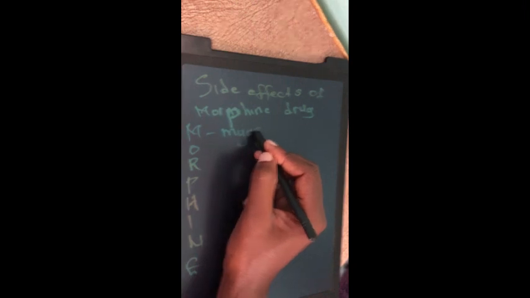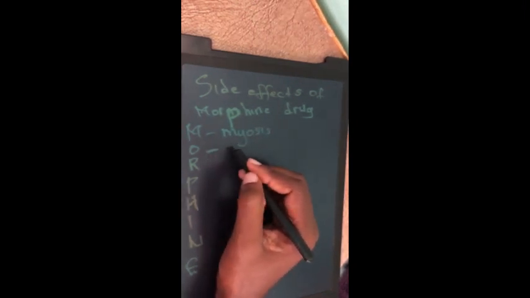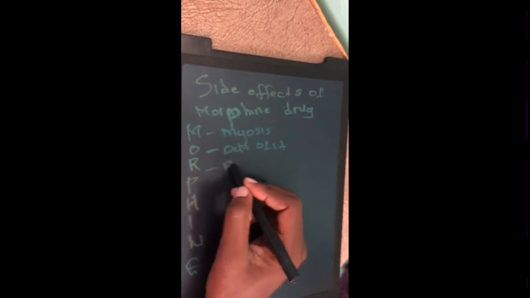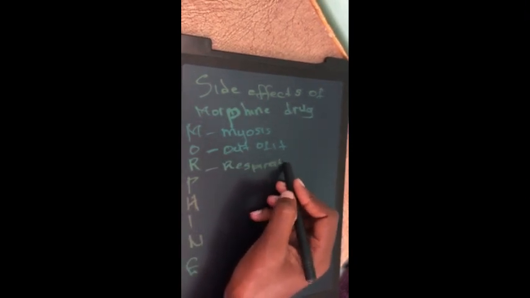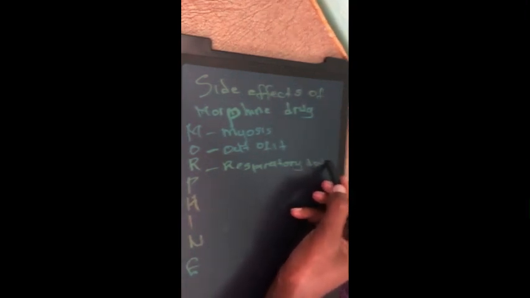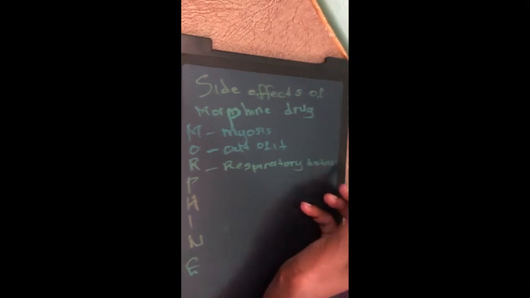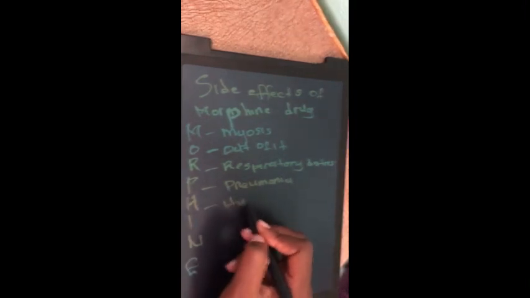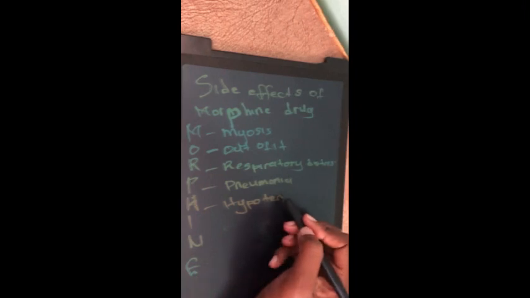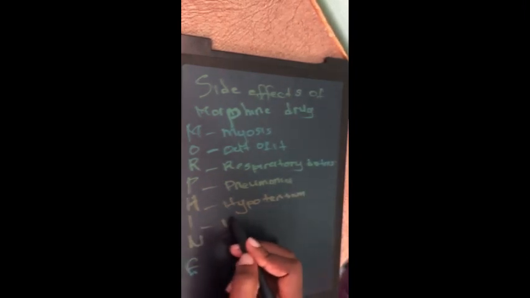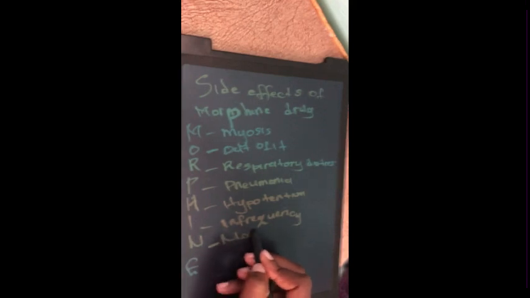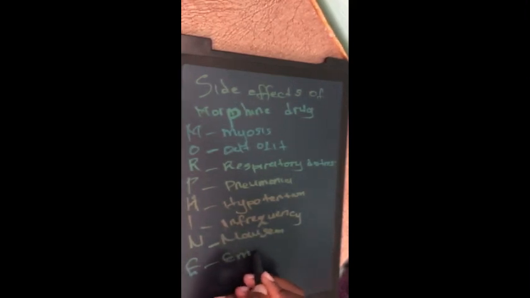M for miosis, O for out of it, or sedated, R for respiratory distress, P for pneumonia, H for hypotension, I for infrequency, N for nausea, E for emesis.